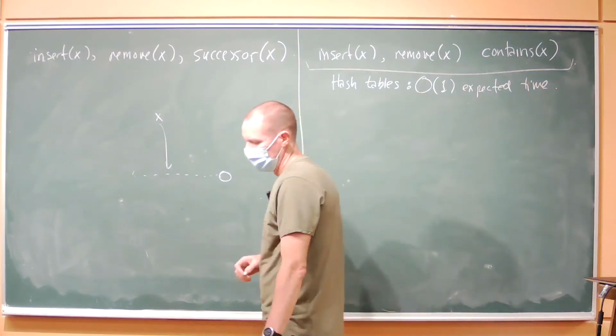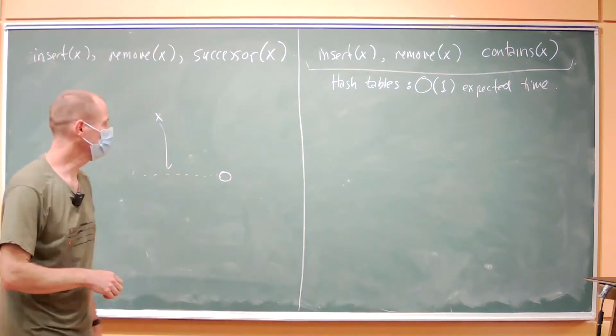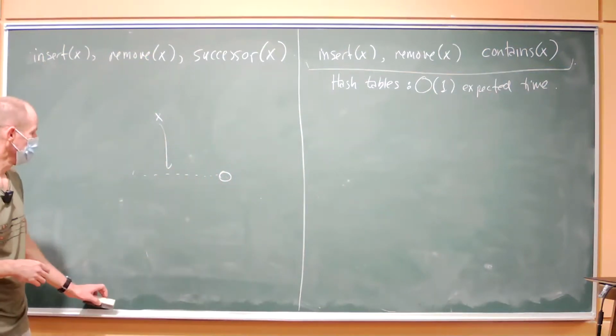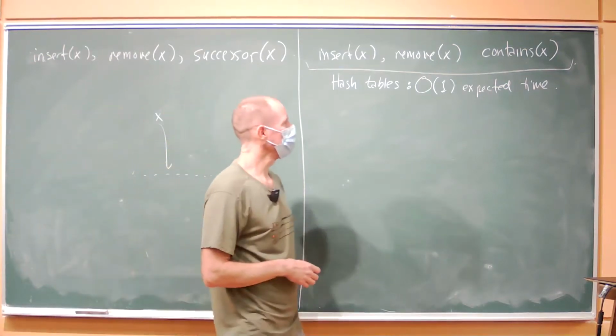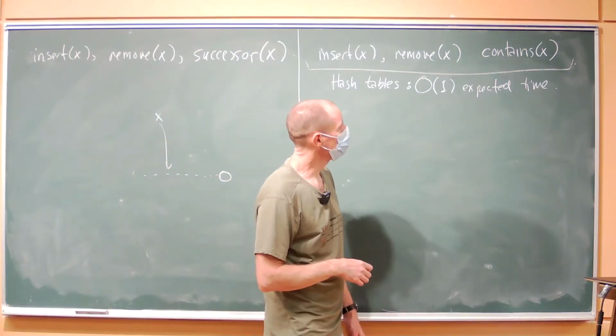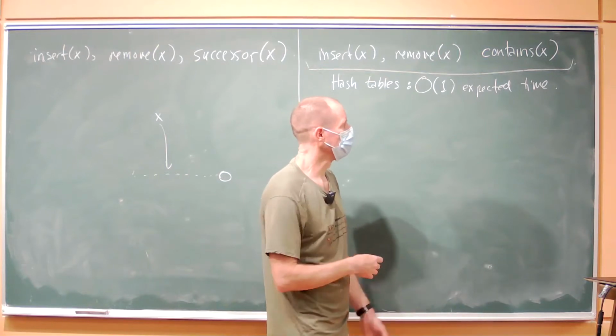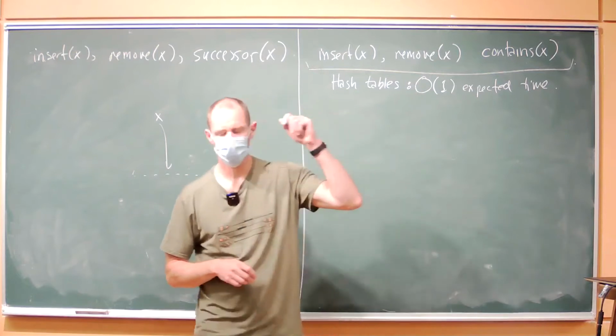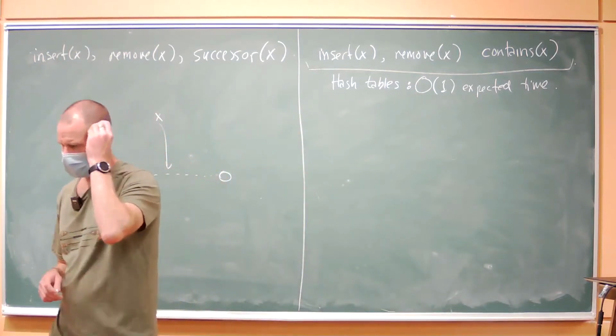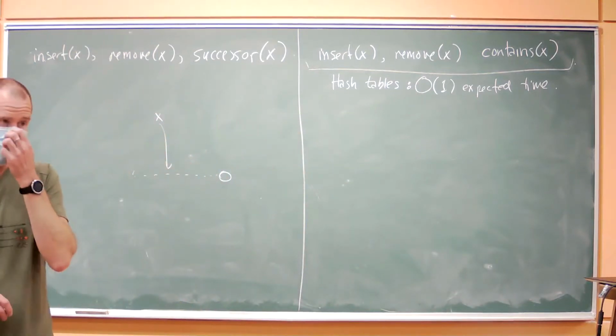Okay. So if you don't care about searches for things that are not in the set, you just want the answer that they're not in the set, then you can do everything in constant time.